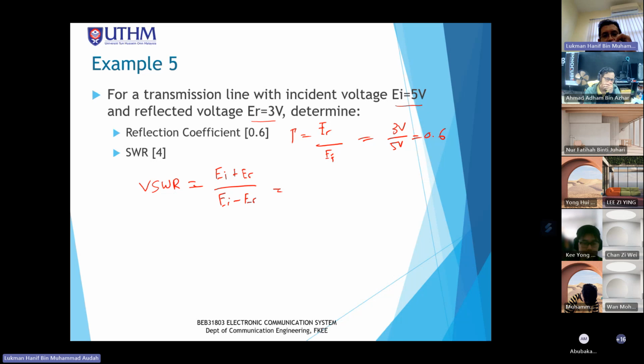So this is 5 plus 3 divided by 5 minus 3. So 8 divided by 2, so you're going to get 4. Simple as that.